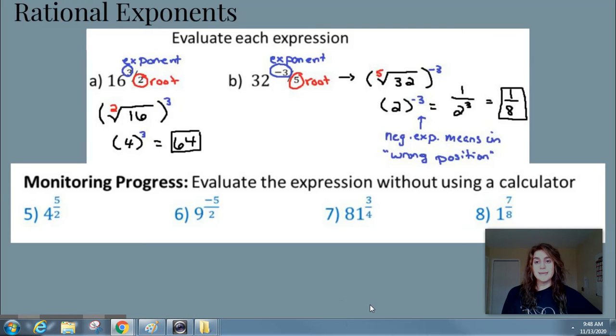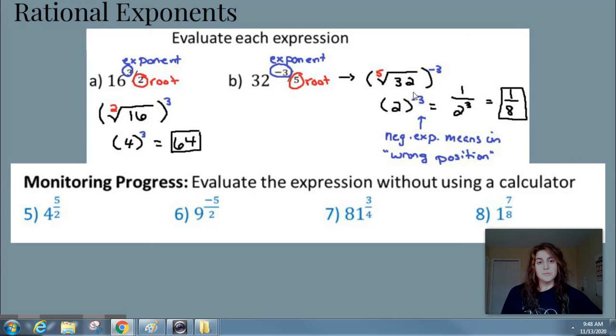So again, you would just simply take whatever your denominator is, that is your root, and then you would have the power of your value to it. So this would be 1 to the 7th, 81 to the 3rd, 9 to the -5th, 4 to the 5th. And then each of those would be in the roots appropriate to your denominator. Okay, we'll go through these examples in class.